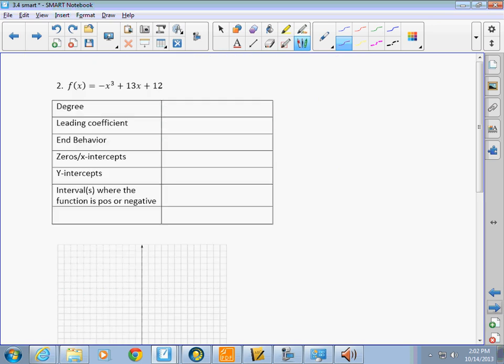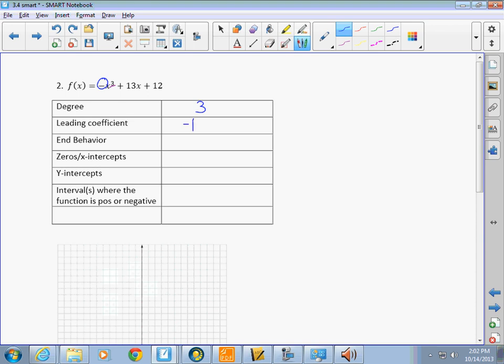Okay, next example. I have negative x cubed plus 13x plus 12. Well, I know it's a degree 3, so I can write that in here because that is my highest power. My leading coefficient, I have a negative in front of here, so I know my leading coefficient is negative 1.